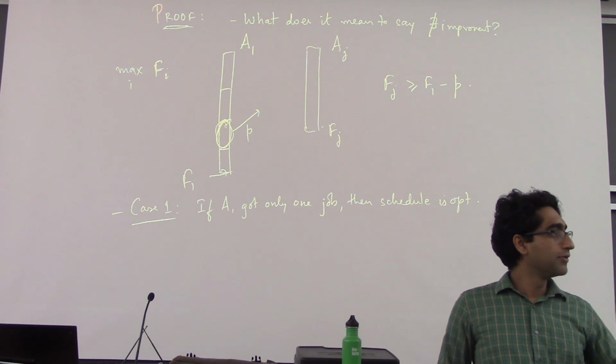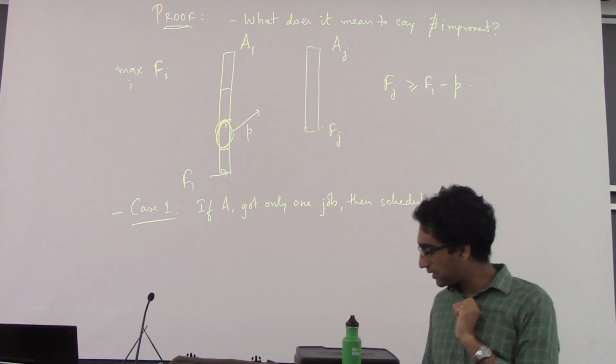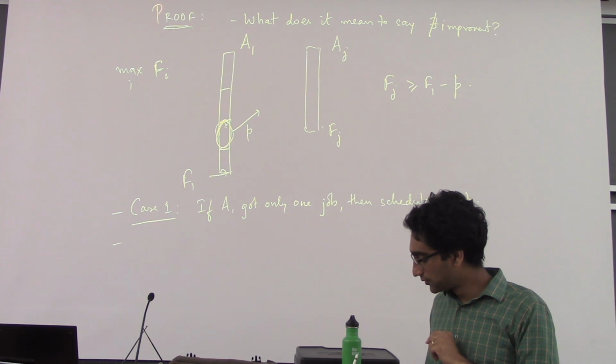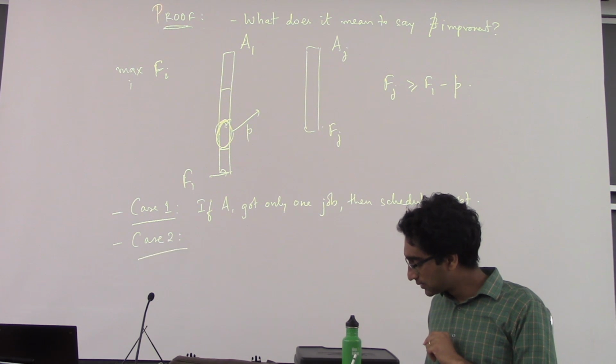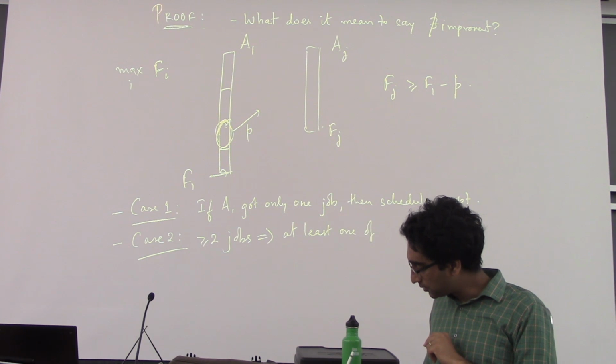Case 2: at least 2 jobs, which means at least one of the jobs is less than or equal to F1 by 2.